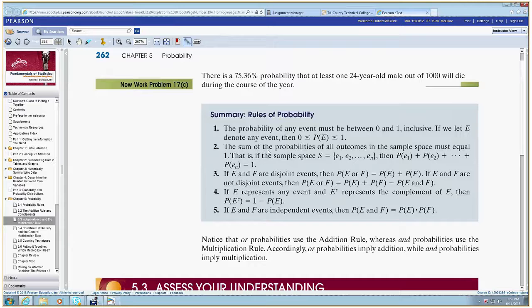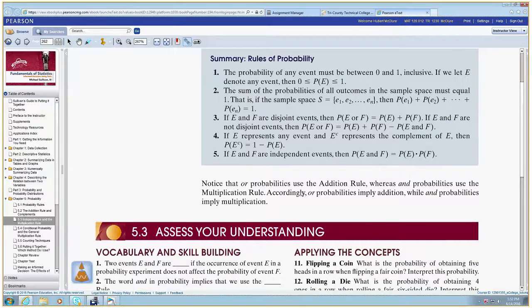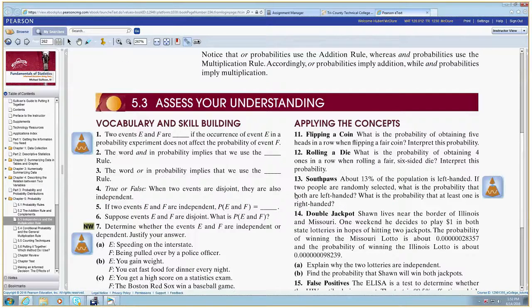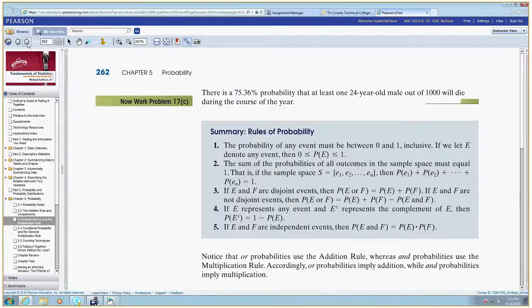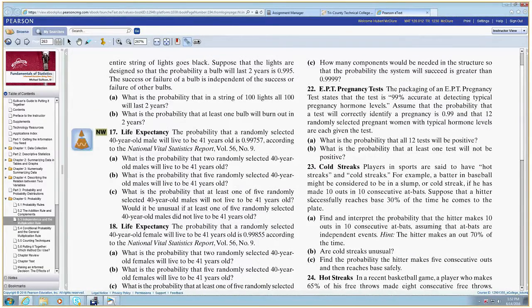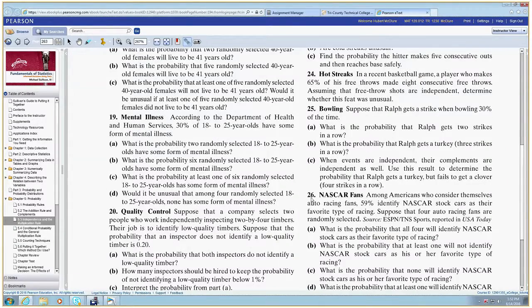It's just a do-over of some of the material we've done. I'd like to find that CD question. It usually talks about quality assurance. There's quality control.